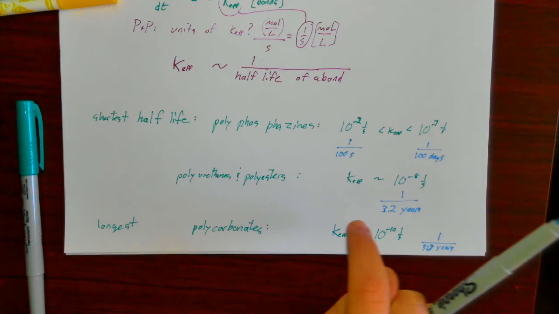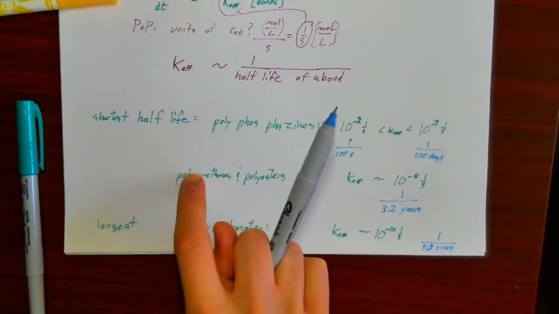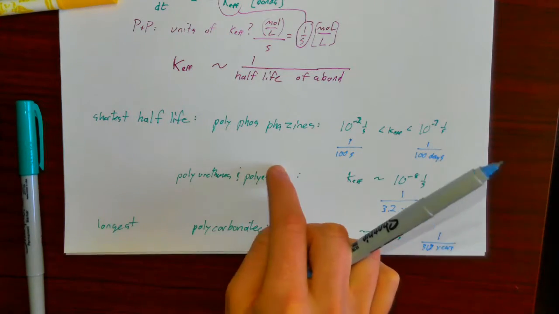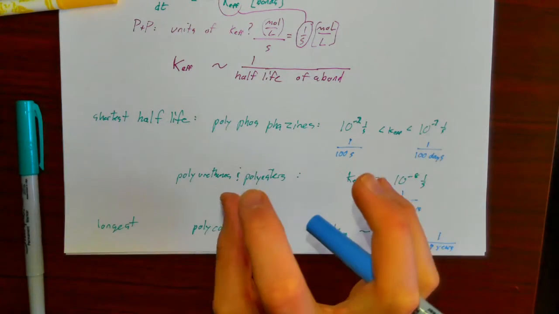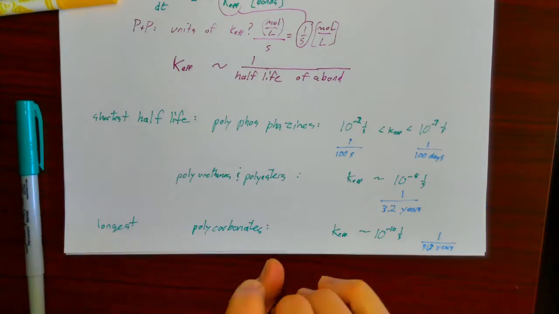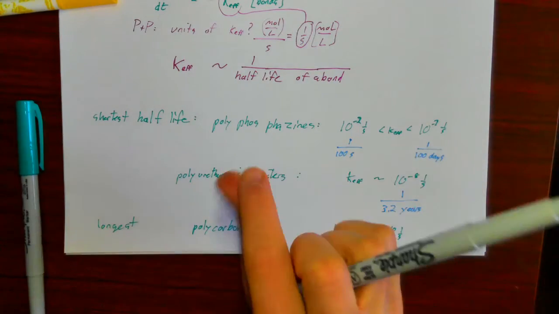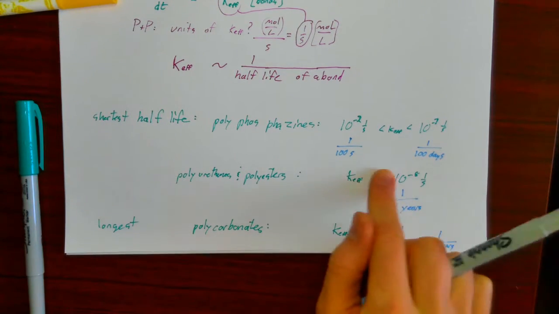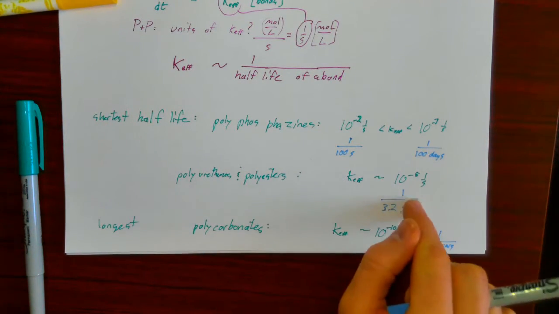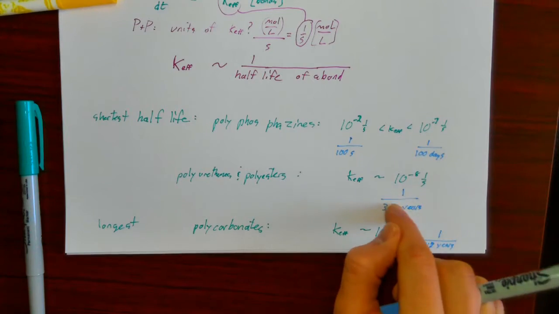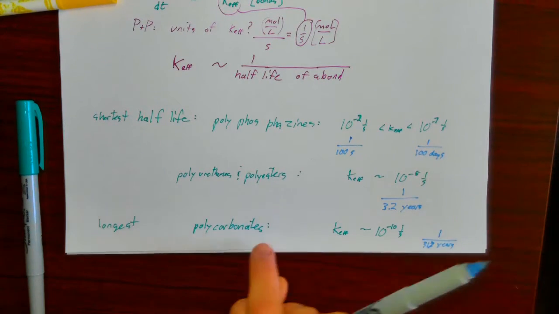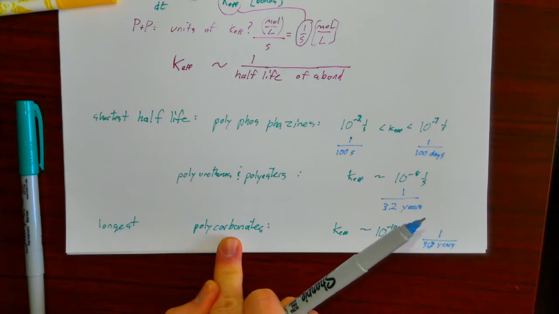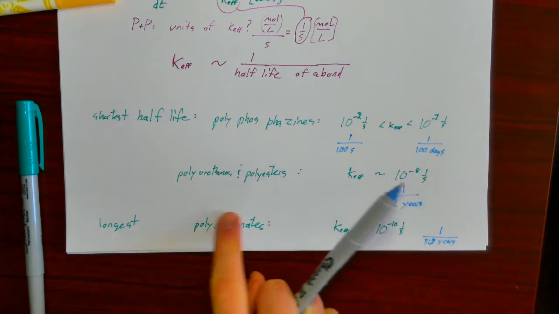If you want to create a scaffold for tissue engineering, where cells eventually break down that scaffold and replace it with native tissue, you might want a K effective or half-life on the order of months or years.